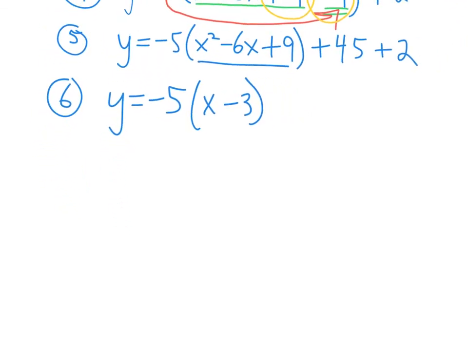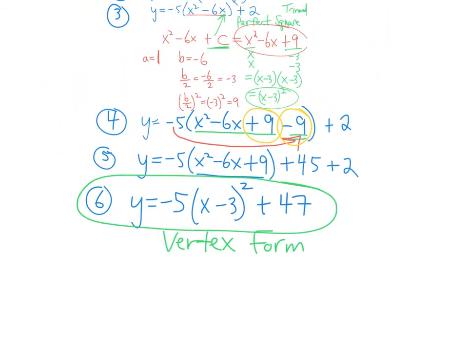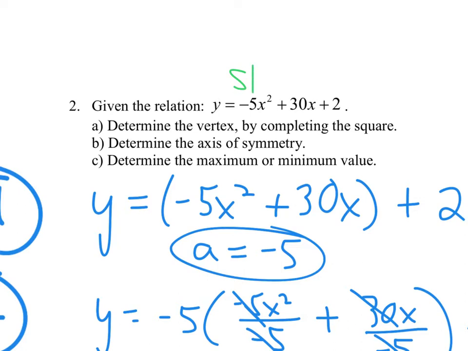And the plus 45 plus 2 becomes plus 47. And in these lines, we have not only completed the square, but we've expressed the quadratic in vertex form. We started in standard form.